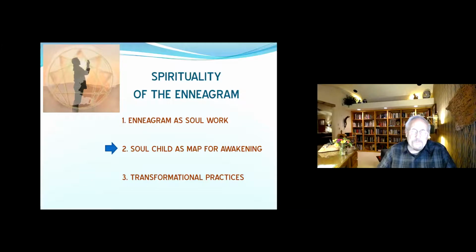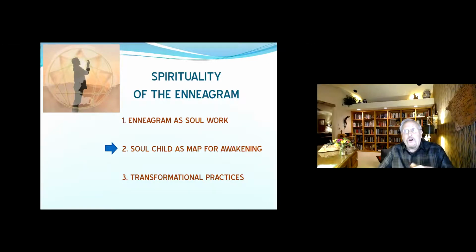So, deeper tonight into this soul child concept as our map for awakening. We will not awaken, we will not transform just knowing our type. No matter how much we study it and know about its source and origin, it will just stay stuck in my threeness or sixness or nineness.